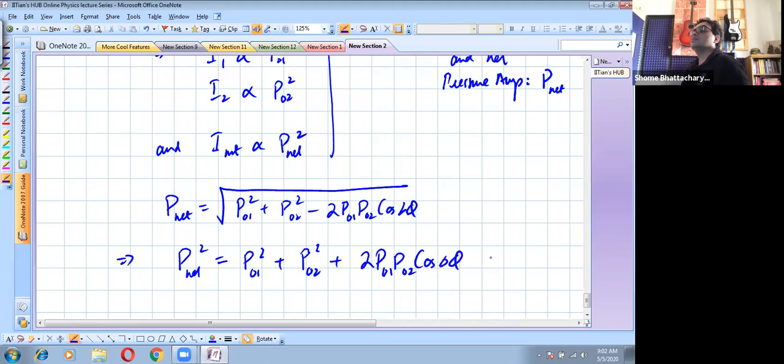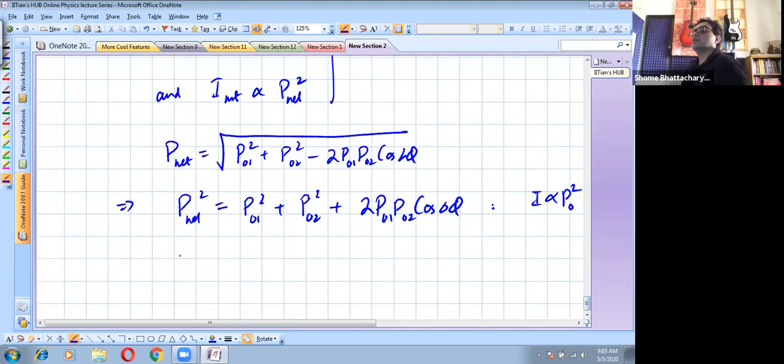Now in this relation, we can use the fact that intensity is proportional to the square of pressure amplitude. So the net intensity comes out as this one: intensity due to the first source plus intensity due to the second source plus 2 times the square root of the product of intensities multiplied by cos delta.